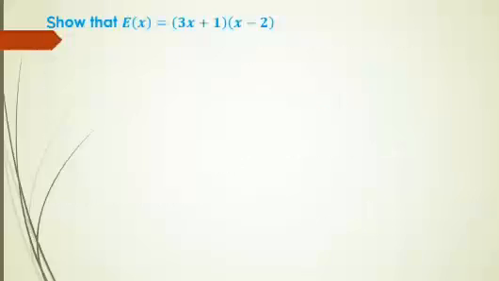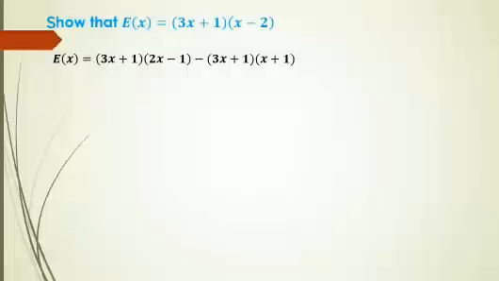First question, show that e of x is equal to 3x plus 1 into x minus 2. The expression is e of x equal 3x plus 1 into 2x minus 1 minus 3x plus 1 into x plus 1. As we said, it is required to factorize e of x, to write it in the factorized form.